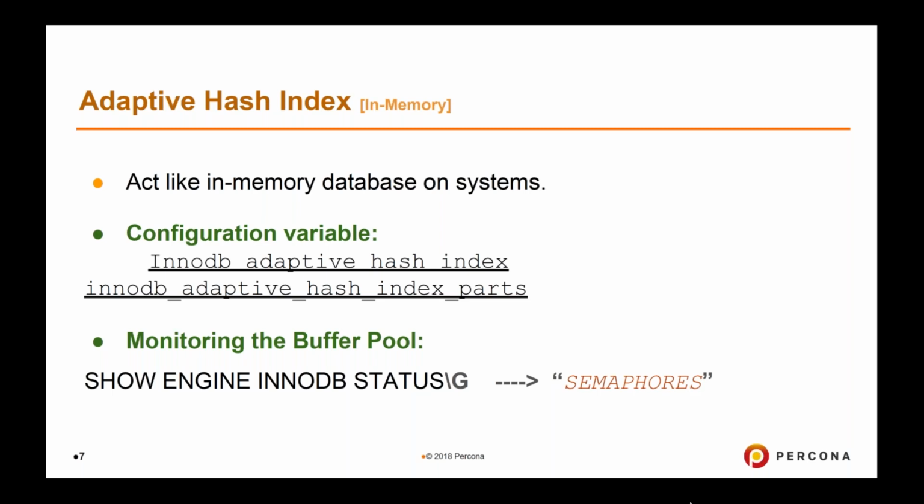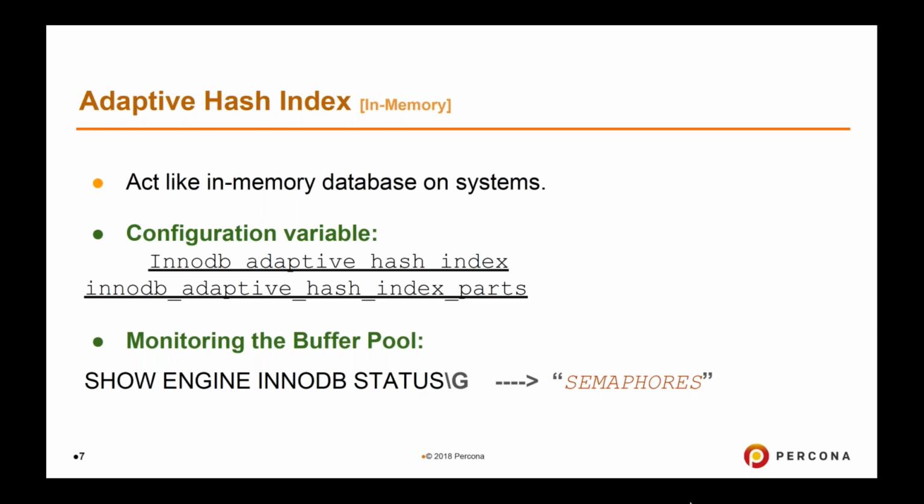And you can enable it or disable it. By default it is enabled. You can disable it if you want. In what scenario are we disabling adaptive hash indexes? When you see a lot of read-write latch in the semaphore area in SHOW ENGINE INNODB STATUS.